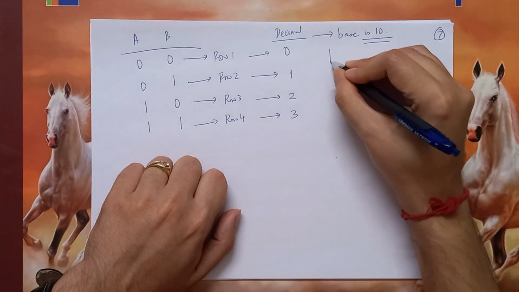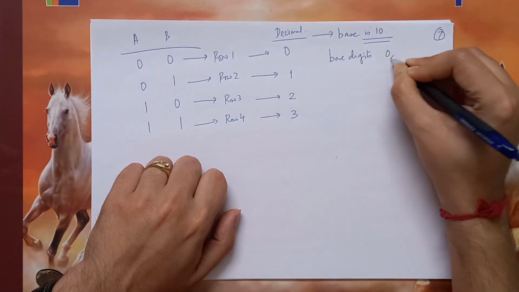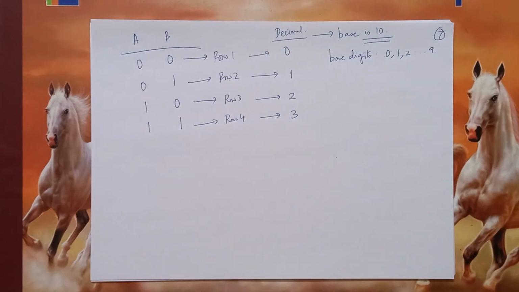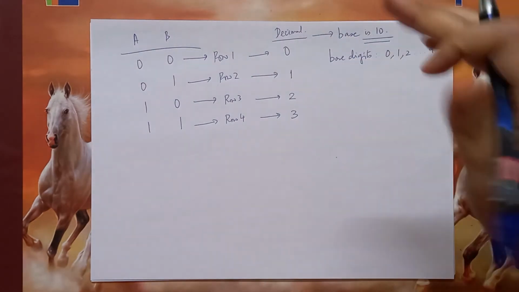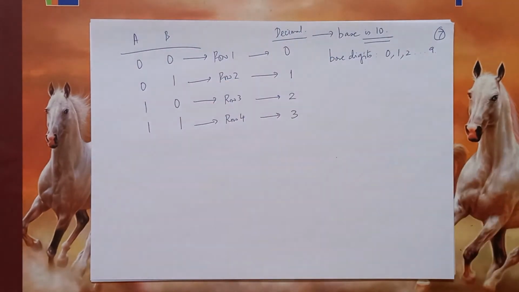That means the base digits are from 0, 1, 2 all the way till 9. Base digits are those digits using which you can make any possible number in this number system. So all the number systems, whether they are natural numbers, whole numbers, integers, even fractional numbers, they are all made using these digits. So therefore they are called the base digits.